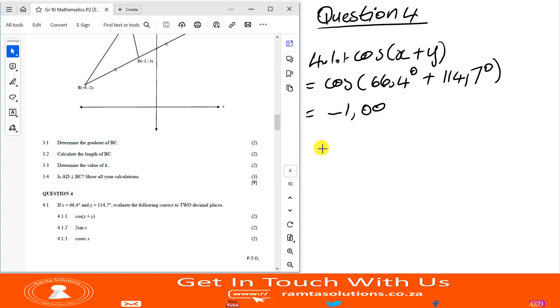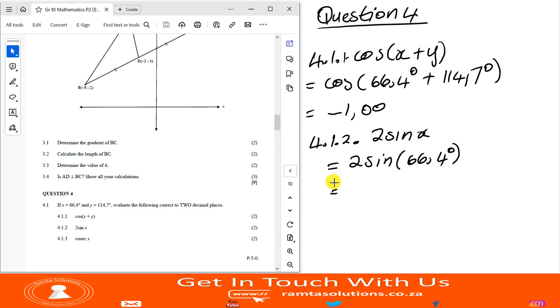Okay, perfect. 4.1.2 says 2 sine x. Now, 2 sine x, remember, it means where do you put x? 66.4 degrees.